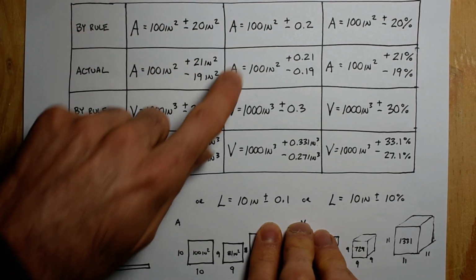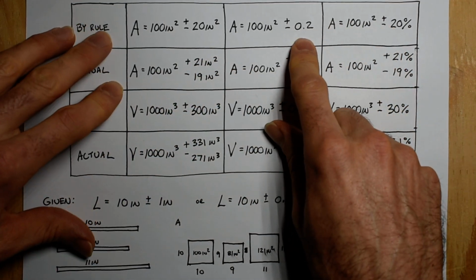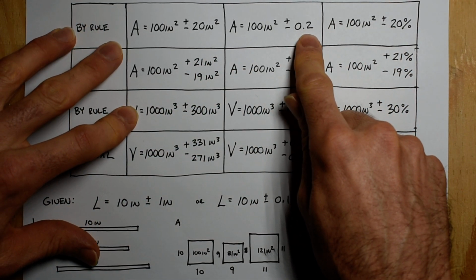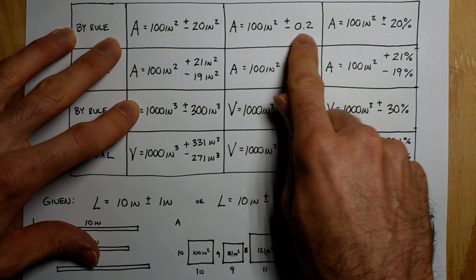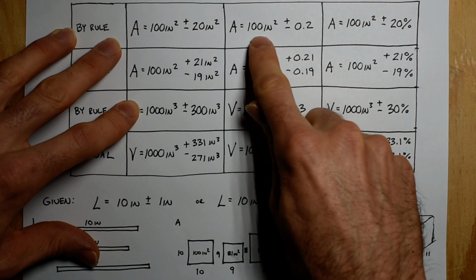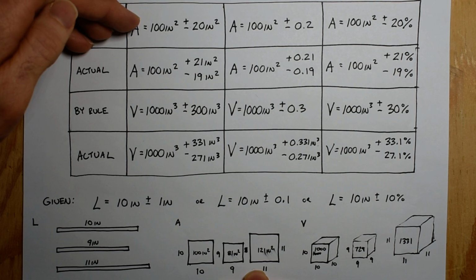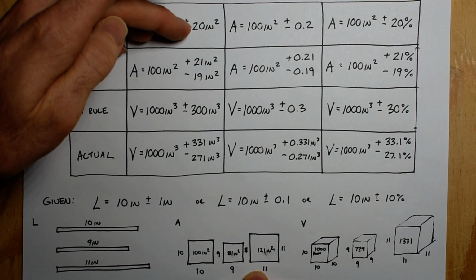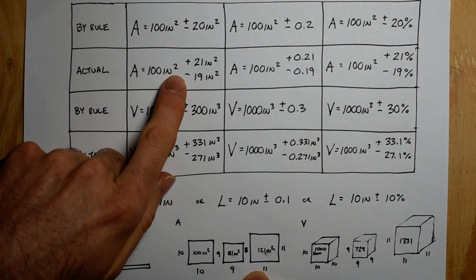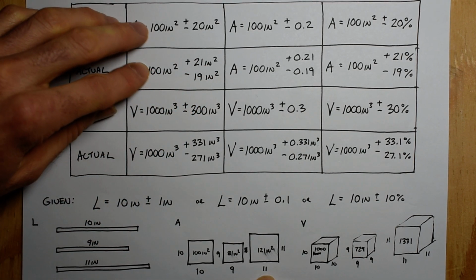And then once you get the percent uncertainty, you can get the fractional uncertainty. What's a tenth of 100? Well, that's 10. What's 0.2? 2/10 of 100 is 20. And so by rule, you get the area is 100 square inches plus or minus 20. But actually, you're going to get 21 inches squared minus 19 inches squared.